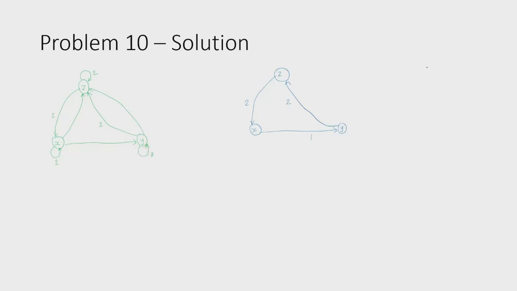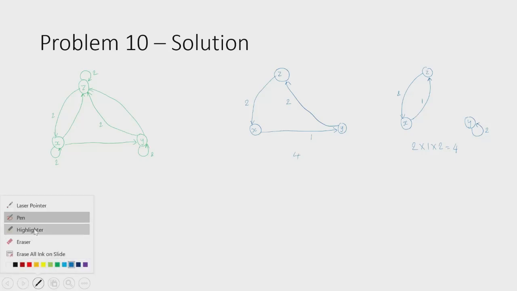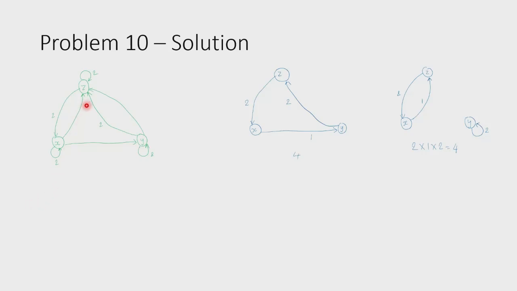So this is also a valid cycle cover. So the weight of this was 4. And now what's the weight of this? It's 2 times 1 times 2 equals 4. That's one cycle cover.